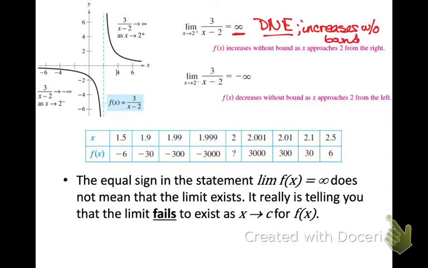Okay, so stating that the limit is infinity is not saying that the limit exists. It is shooting towards positive infinity. But does the limit exist? No. It's weird to wrap your head around. I know.